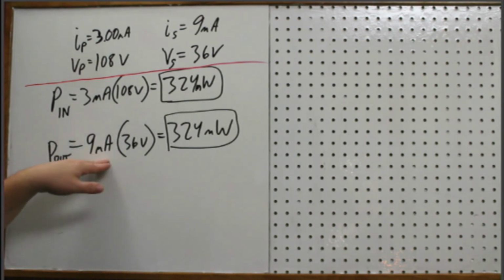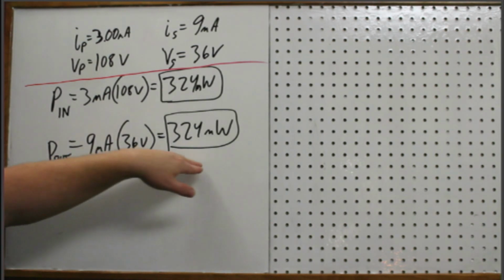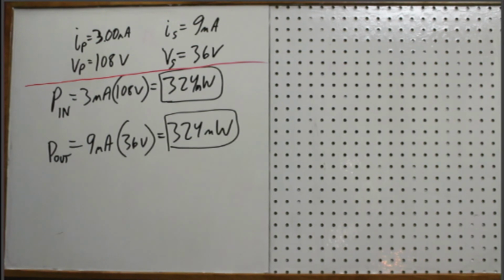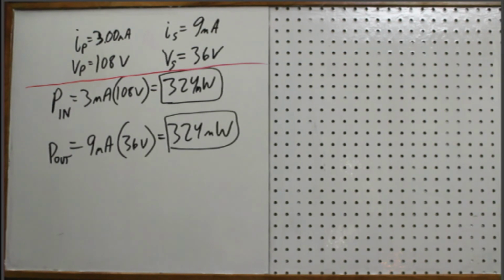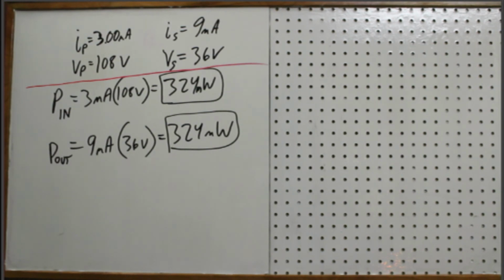Power out, 9 milliamps times 36 volts, also equals 324 milliwatts. So again, this is assuming an ideal transformer and that the turns ratio times the load is the reflected resistance back, and we make these calculations nice and tidy. Obviously, you're going to have some loss from the input to the output. We don't have perfect systems.